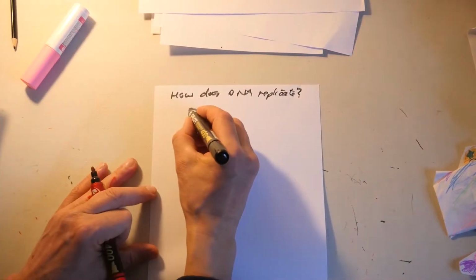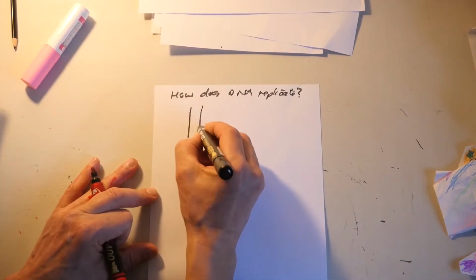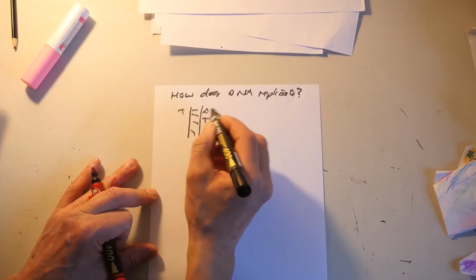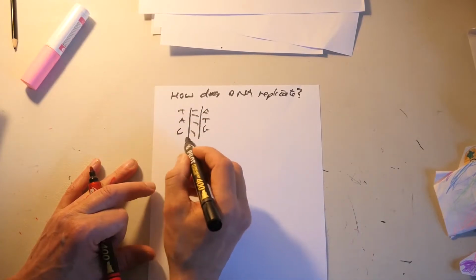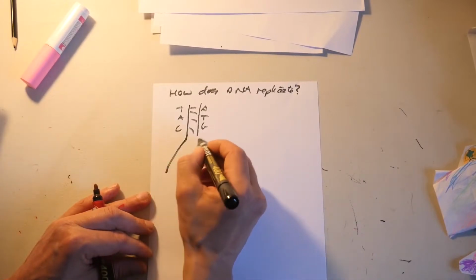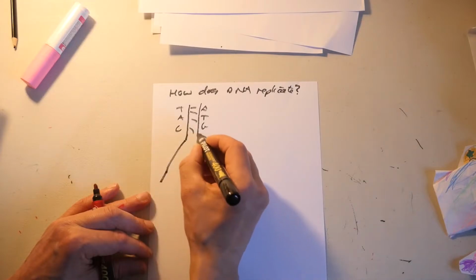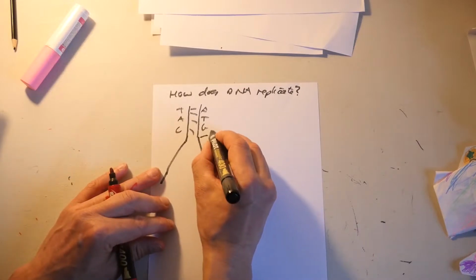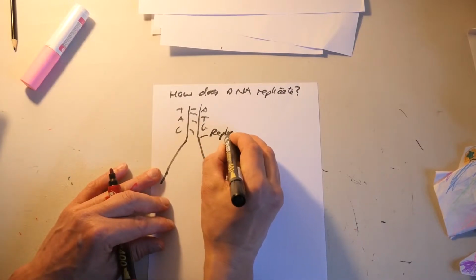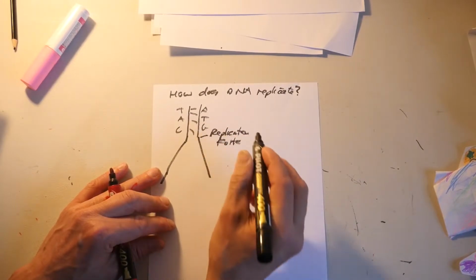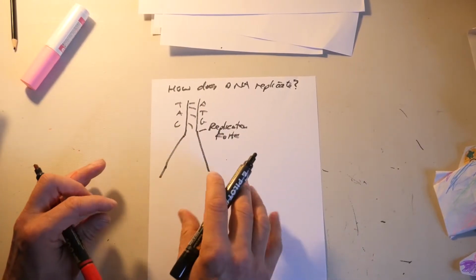Remember it's A, T, sort of G along here, okay? And then you get a fork forming, okay? The DNA is unwound, okay?